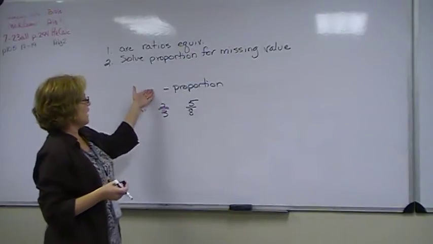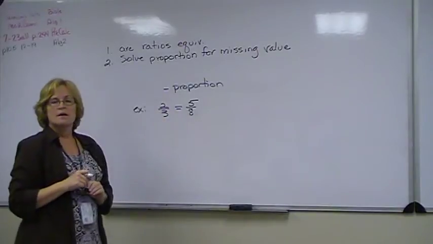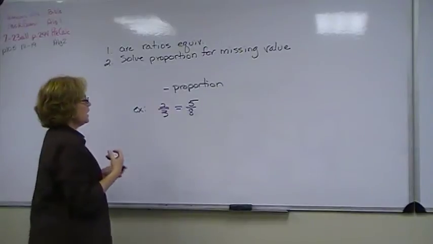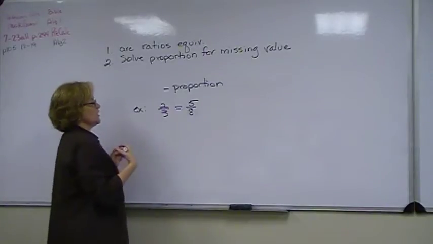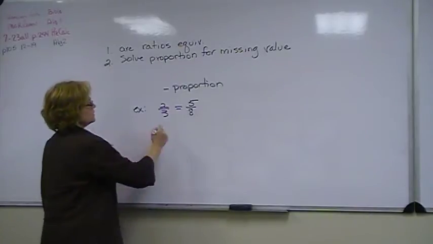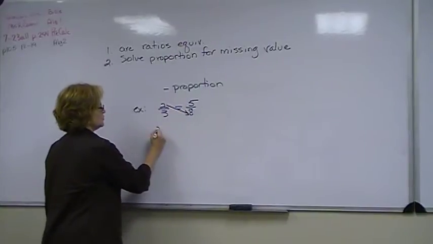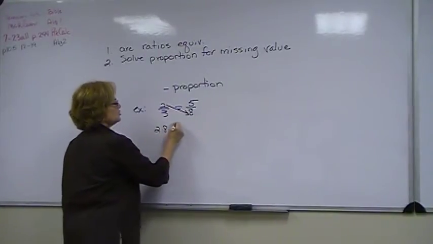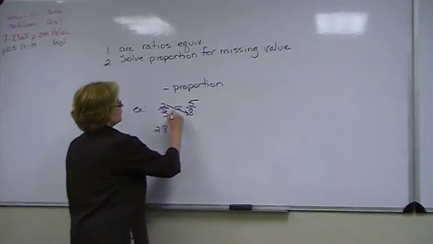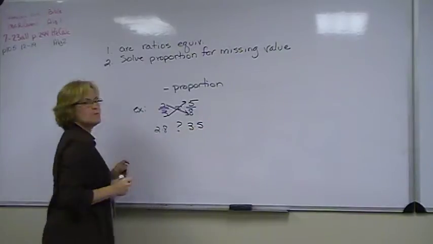They want me to figure out if these are equivalent ratios. Step 1, I'm going to create a proportion. And once I create a proportion, I am going to use cross multiplication to see if the products are equal. So I take the numerator of the first times the denominator of the second, 2 times 8, and check to see if that is equal to the denominator of the first times the numerator of the second, 3 times 5.